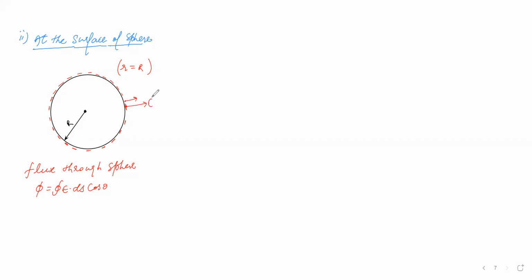This is your field vector and this is your area vector. So phi will be E into integration of ds cos 0, which is phi is equal to E into S, that is phi is equal to E into 4 pi r square. We can consider capital R now because the radius of the Gaussian surface and the radius of the sphere are the same. This is your equation number 1.